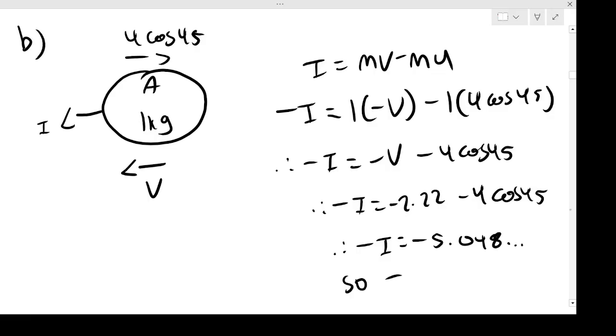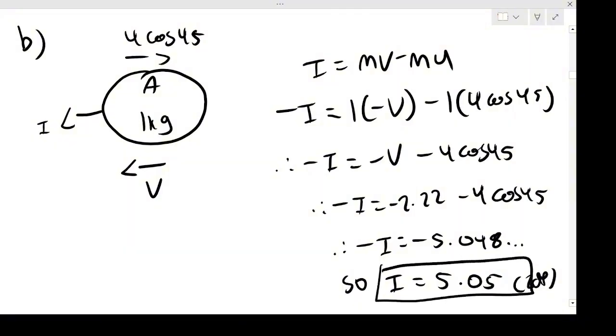So therefore positive I, the positive impulse, is just 5.05, let's say, to 2 decimal places. And there we are, that is my impulse there. So hopefully happy with that.